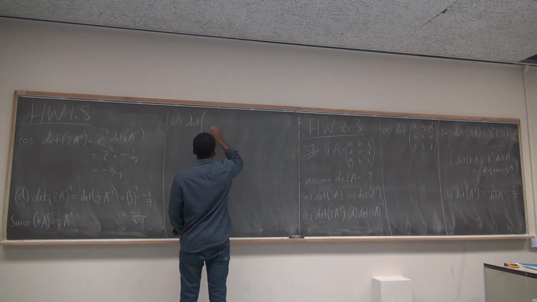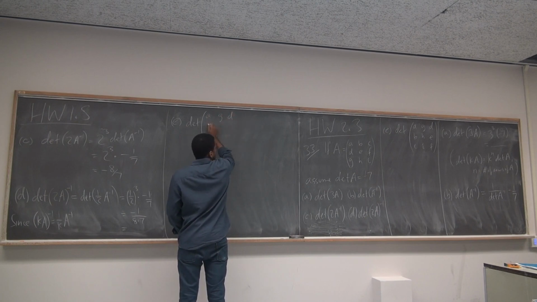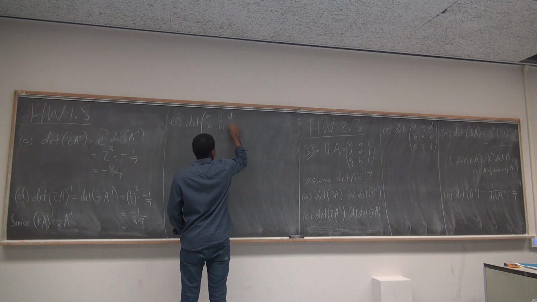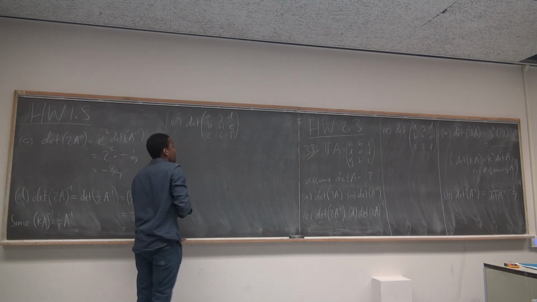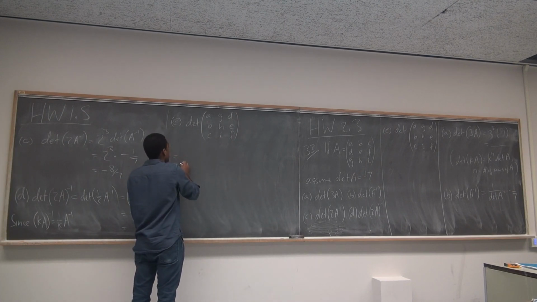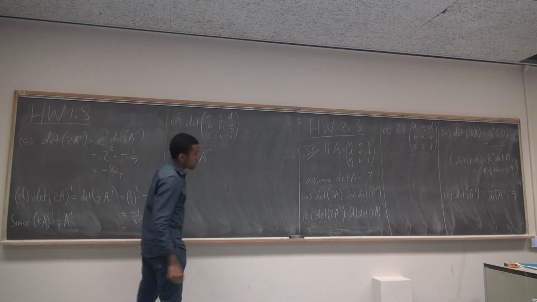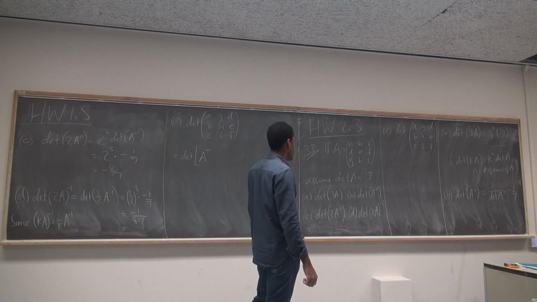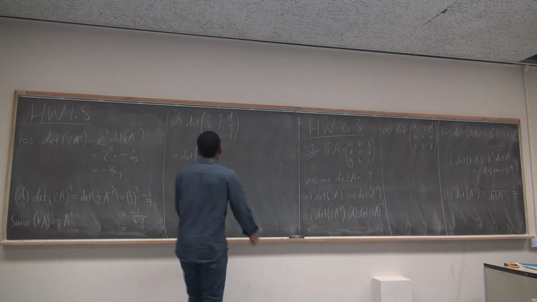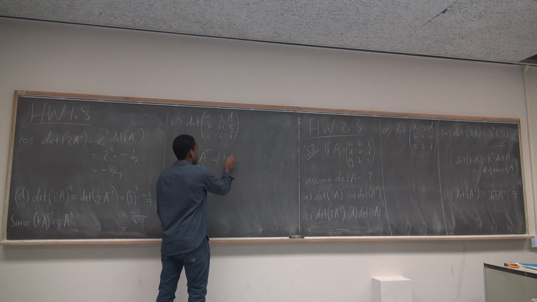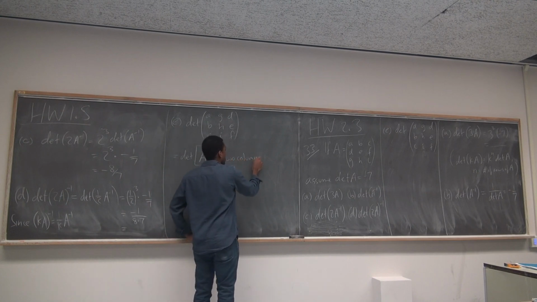How can you figure out the determinant of this guy? This is the transpose, but we change one row, the second one. Notice that this is equal to minus the determinant of A. Basically, they took the transpose and then they exchanged two columns of A transpose.